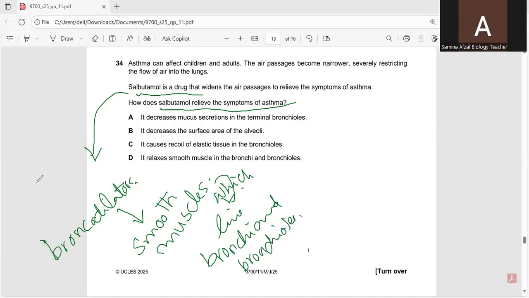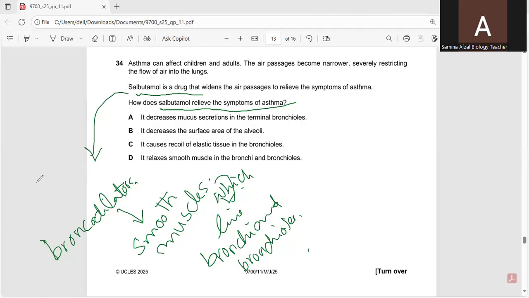Salbutamol works by binding to beta 2 adrenergic receptors on the smooth muscle cells of the airways. When it binds with the receptors, it will activate a signaling pathway that leads to the relaxation of these muscles. So wider airways will take place when the smooth muscles relax.